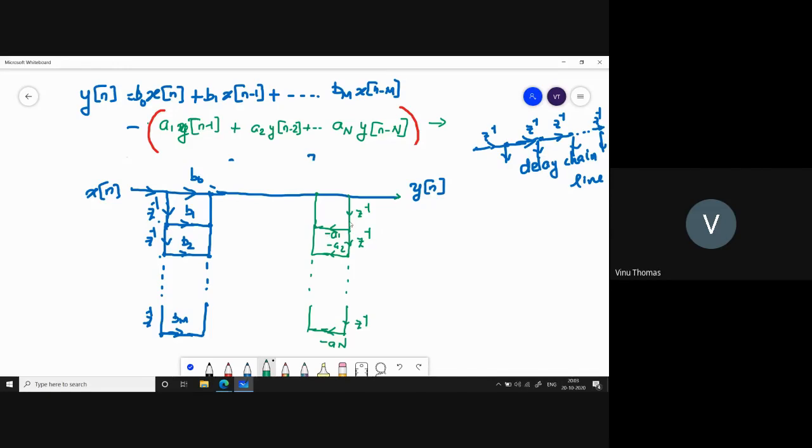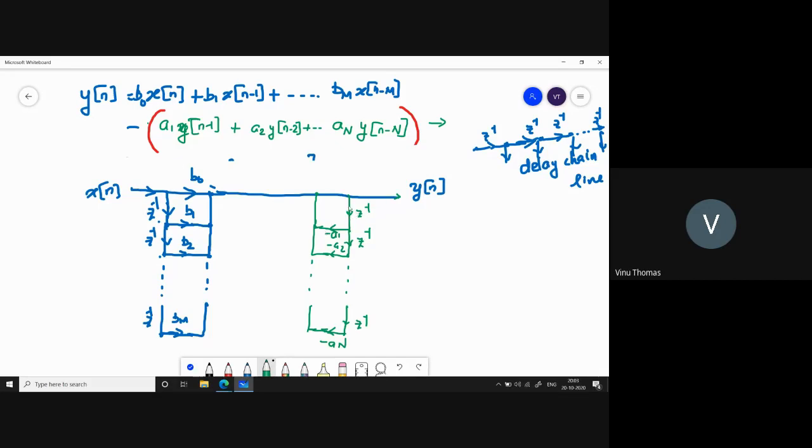So let us see whether this structure satisfies the above given equation. Here you have x of n and here you have y of n. So b0 into x of n plus b1 into x of n minus 1 plus b2 x of n minus 2 plus etc., up to bm x of n minus m. This implements the numerator part of the transfer function.